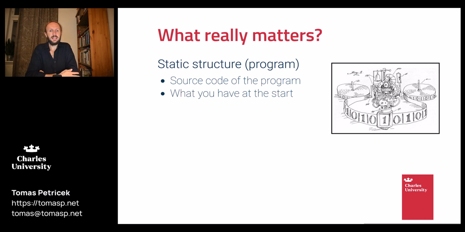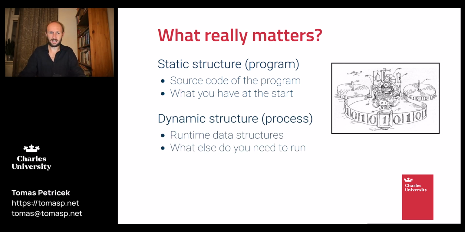And in general, the perspective that we will be following in the course on what really matters about these programming systems is, first, you have some static structure, that's the program. So some sort of source code that you have at the start. In the Prolog example, that was the source code that I had on one side with my facts.